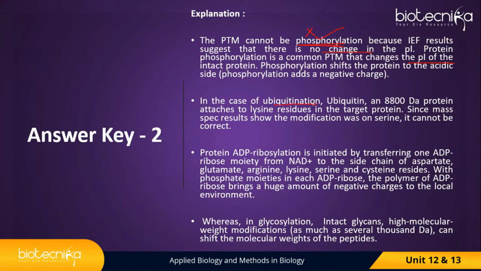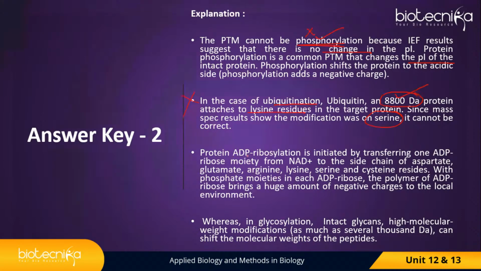Now, ubiquitination. Definitely if ubiquitin is added, there is an increase of 8,800 Dalton. But this modification takes place on lysine residues, while mass spectrometry tells us the modification was on serine. So again, this cannot be correct.